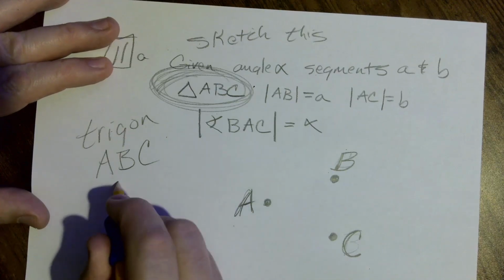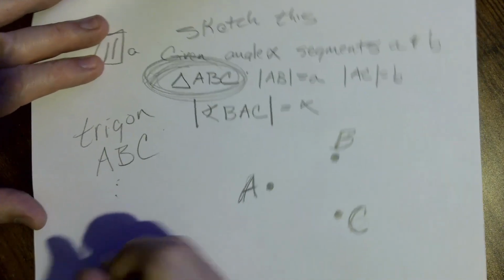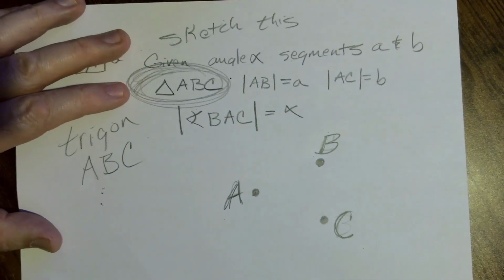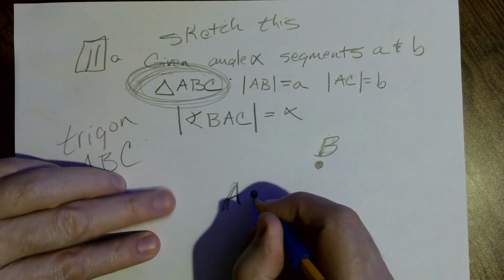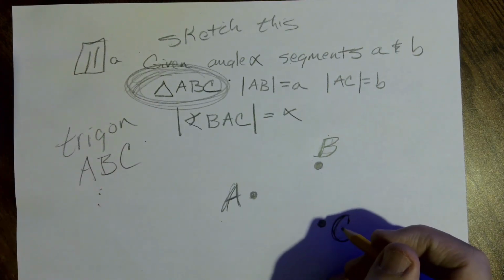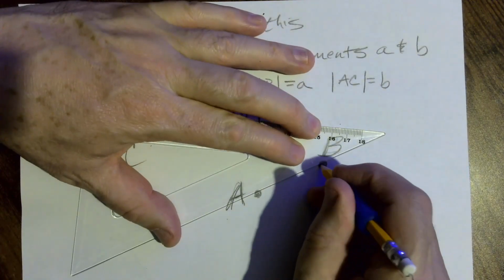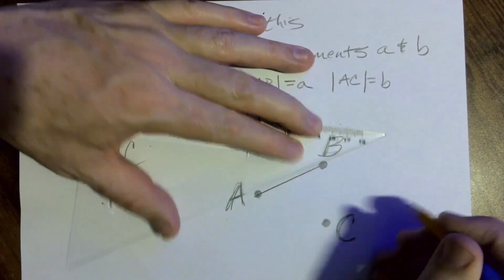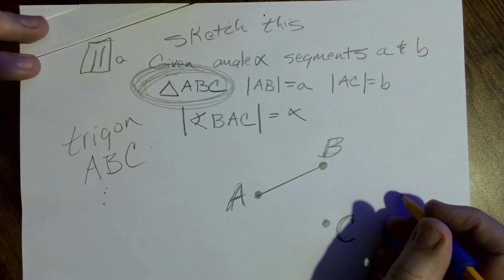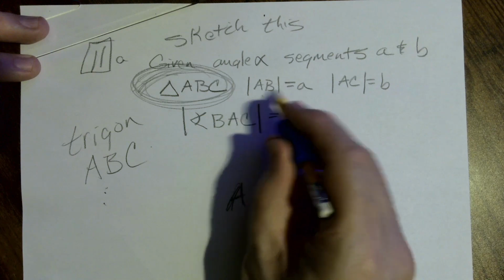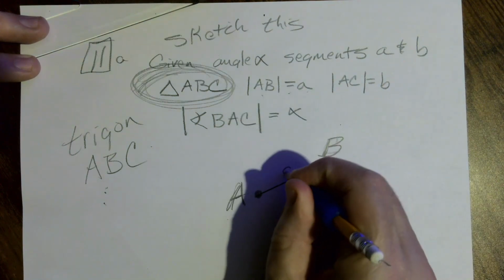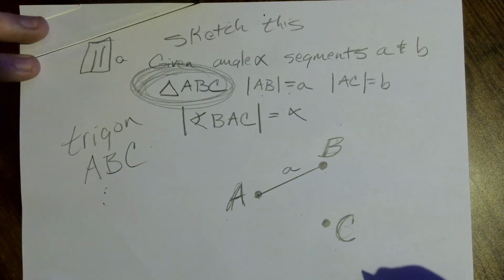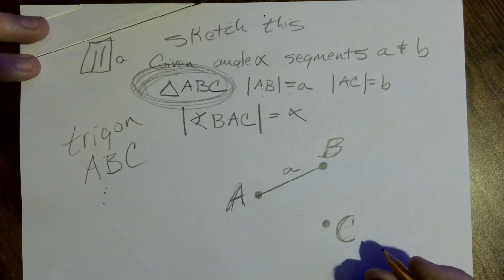So we're making trigon ABC. And I believe it just wants ABC. And we'll make segment AB. And it wants the measurement of AB to be equal to A. So we'll just label that A. We don't know what it is.